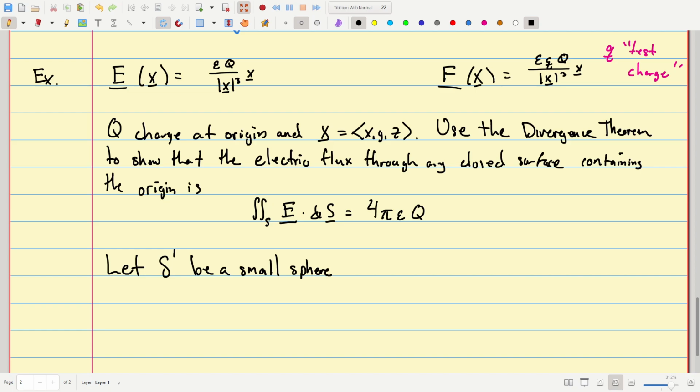So what we're going to do is make a small sphere of radius a that's centered at the origin.